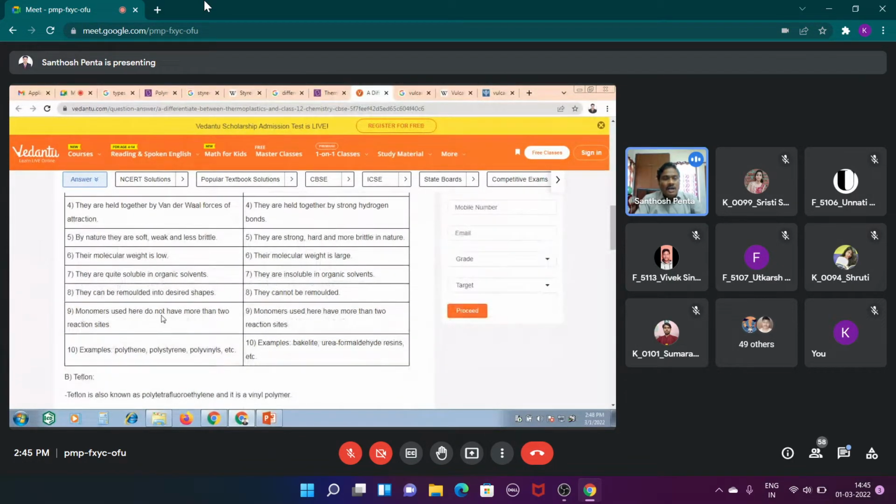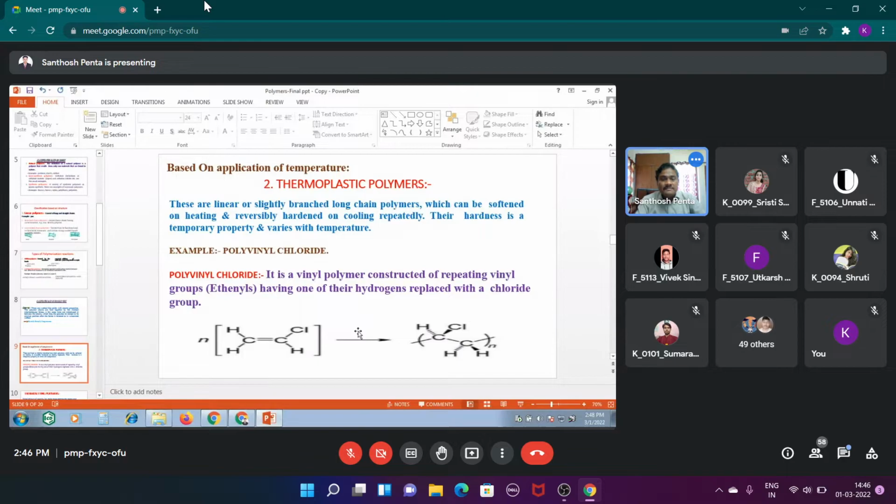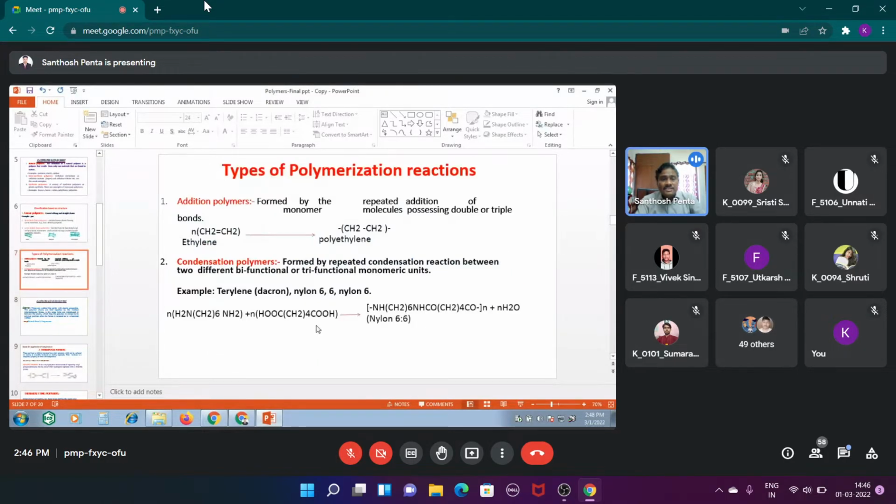Monomers used in thermoplastics do not have more than 2 reaction sites, but those used in thermosettings have more than 2 reaction sites. What are reaction sites? Say for example, ethylene. If this double bond, in presence of catalyst or temperature, breaks down, then functionality will be there on this side.